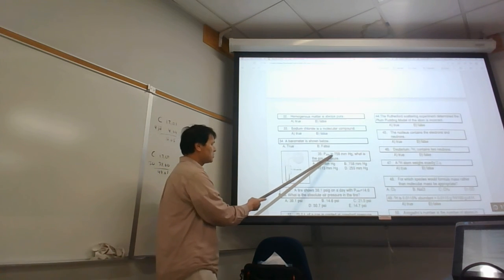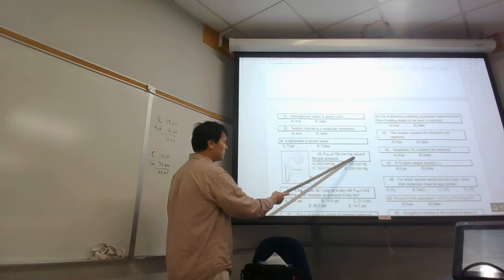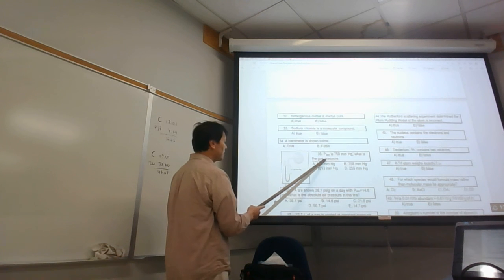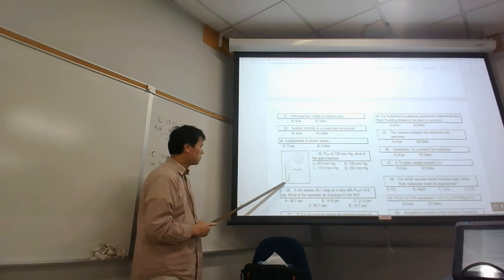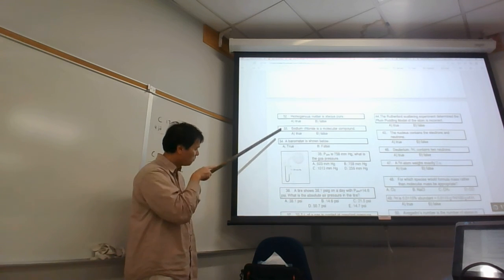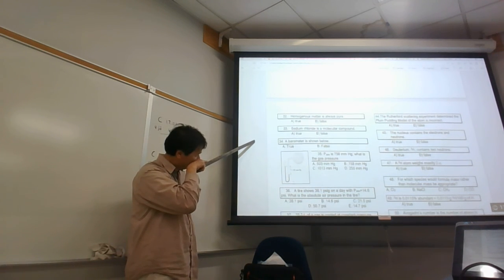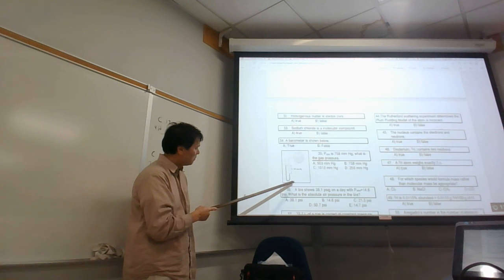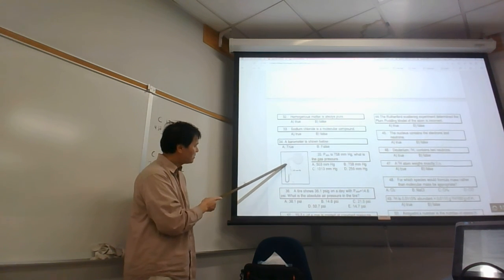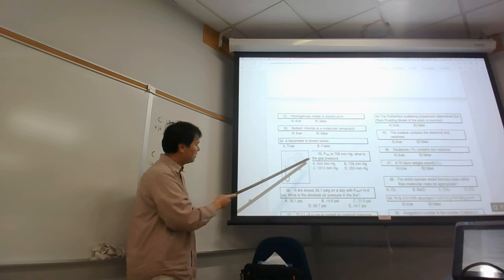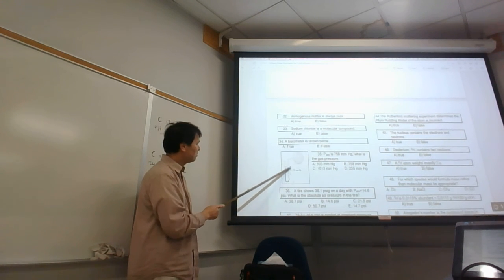If atmospheric pressure is 758 millimeters of mercury, then what is the gas pressure? Well, what's pushing down on the left side? Atmospheric pressure, 758. What's pushing down on the right side?